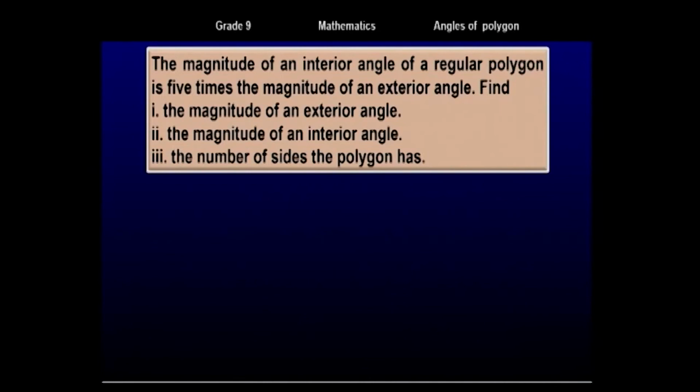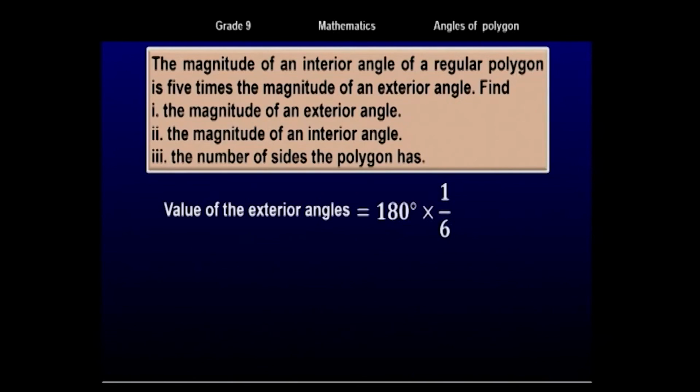There is a relationship between the interior angles and exterior angles. What is the relationship? When we consider one part as the exterior angle, 5 times that is equal to the interior angle. When we take them together, there are 6 parts.